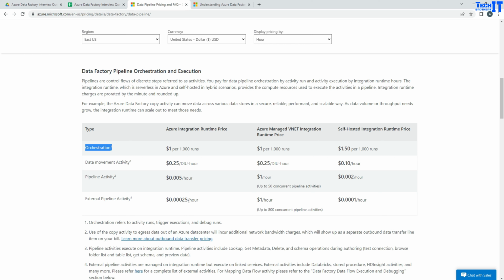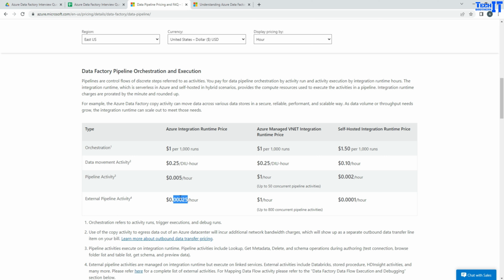because you are not really running anything on the Data Factory. You just started the process there, such as a stored procedure. You ran it and then it's just sitting there, and your Azure Data Factory is waiting for it to get completed. So you see that it's 0.00025 per hour. So it's a very small amount that you are going to pay.